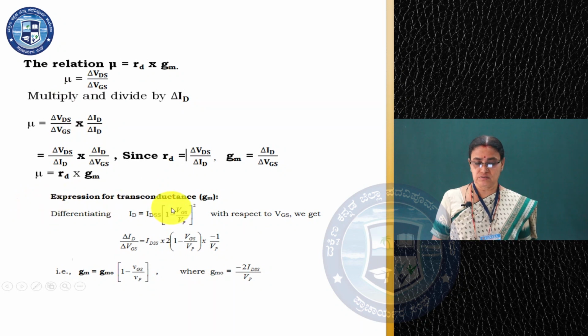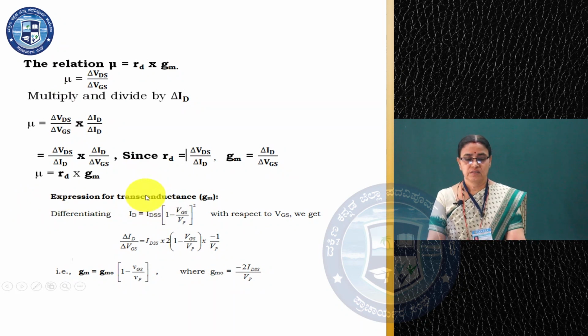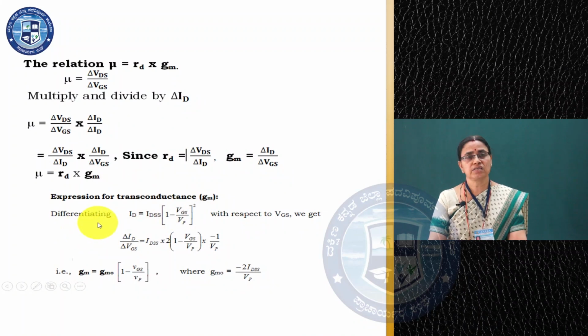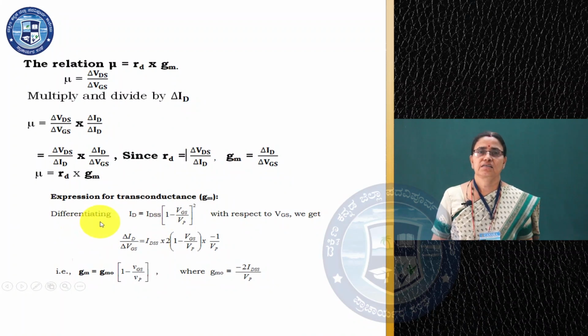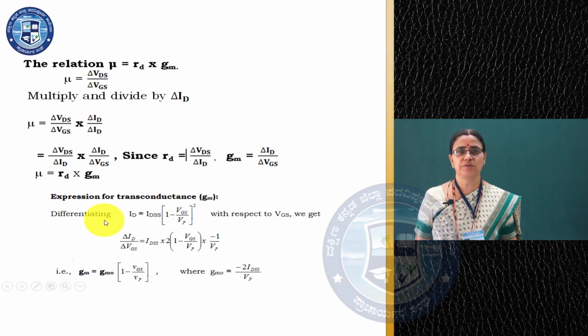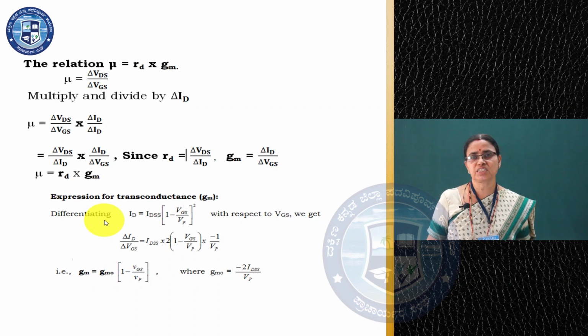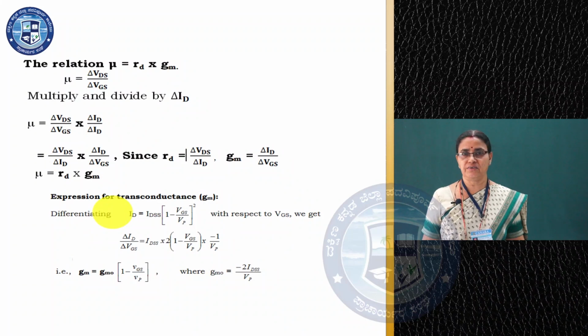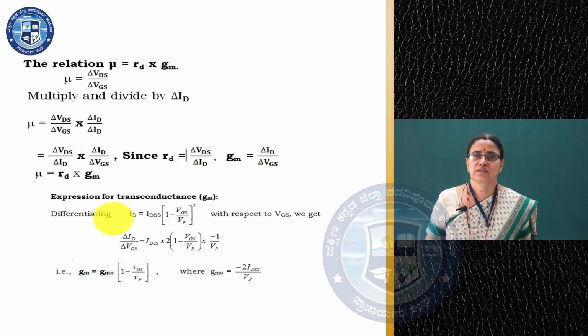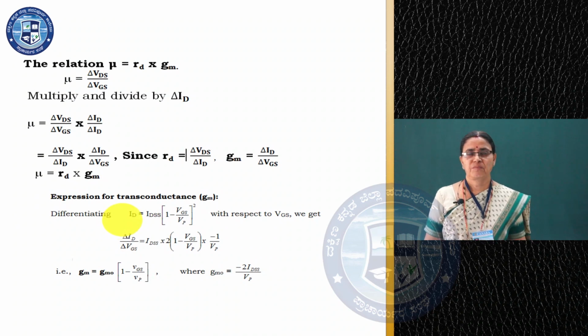This is the last topic of this chapter, expression for transconductance, GM. You know the equation, ID is equal to IDSS into (1 minus VGS by VP) whole square. If you differentiate with respect to VGS, we get delta ID by delta VGS equal to 2 IDSS into (1 minus VGS by VP) into minus 1 by VP.